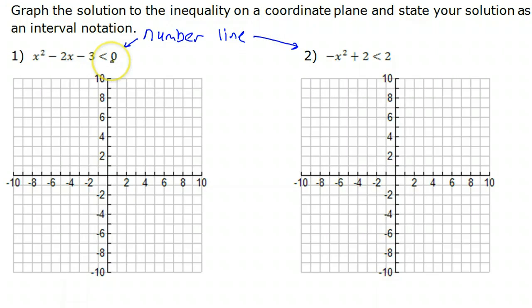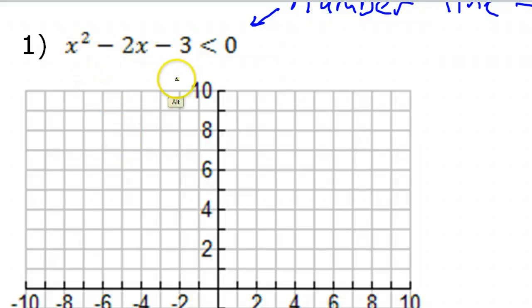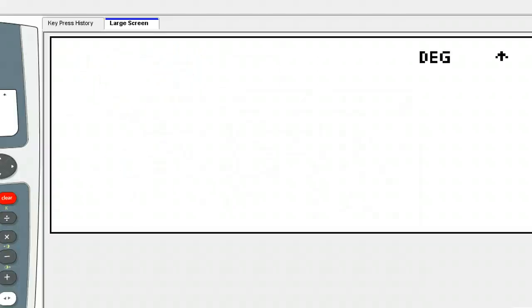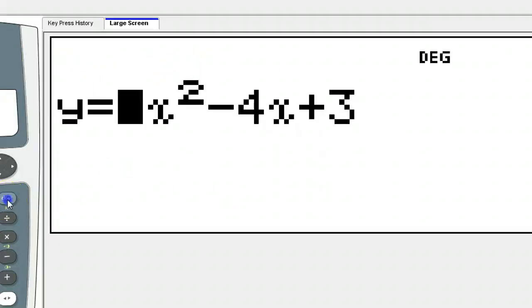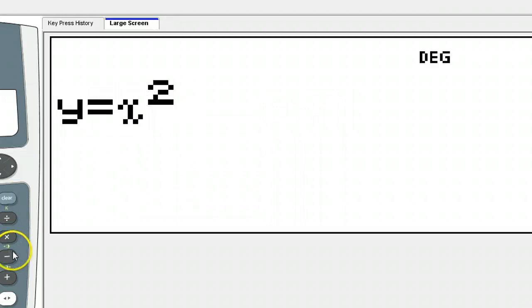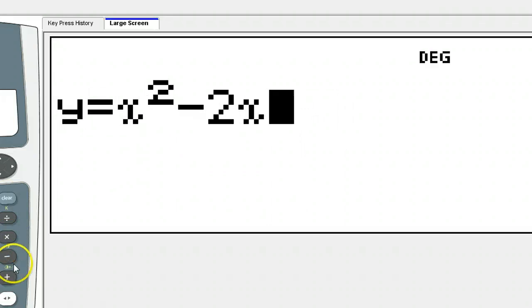0 is already by itself, so that's great. So let's go ahead and draw this parabola. We got x squared minus 2x minus 3. Okay, so table function, and x squared minus 2x minus 3.